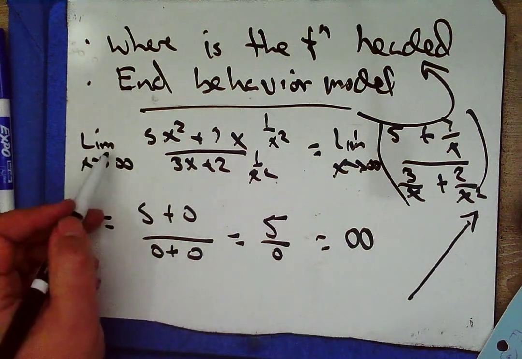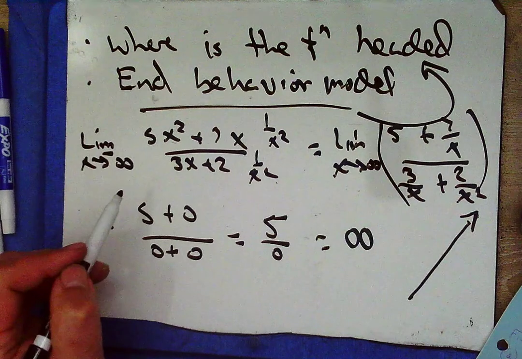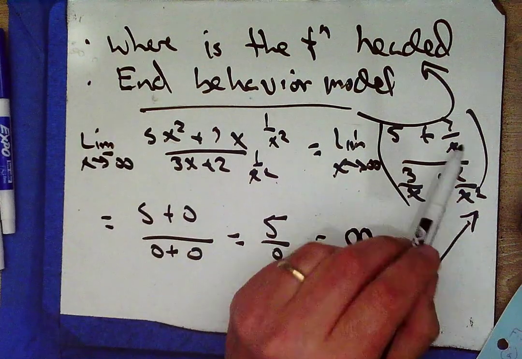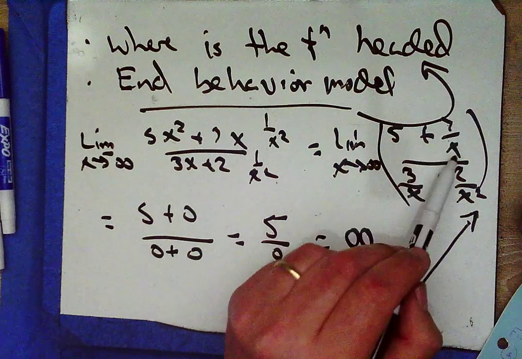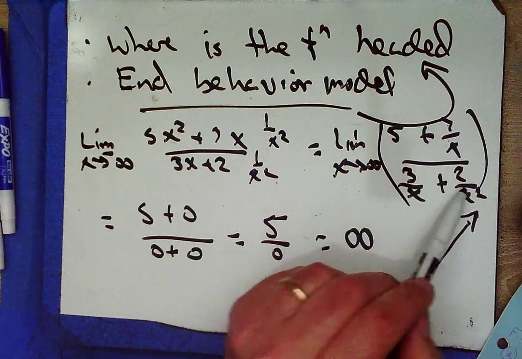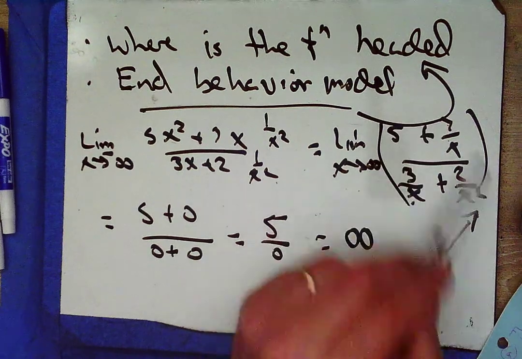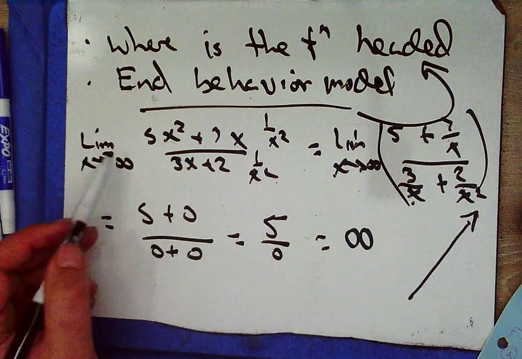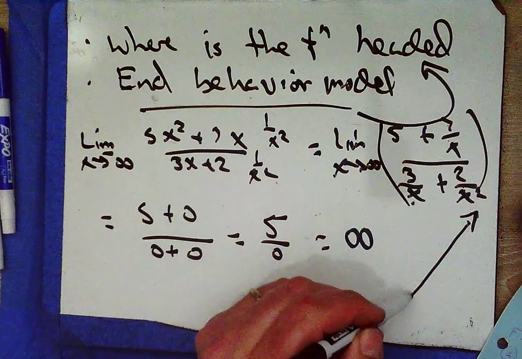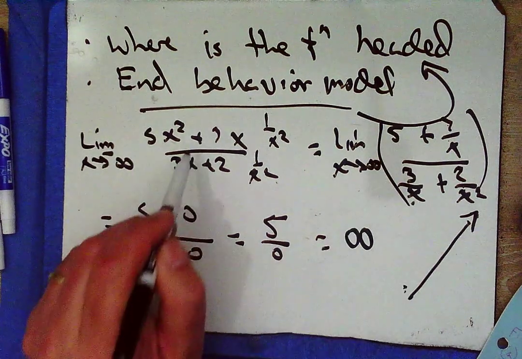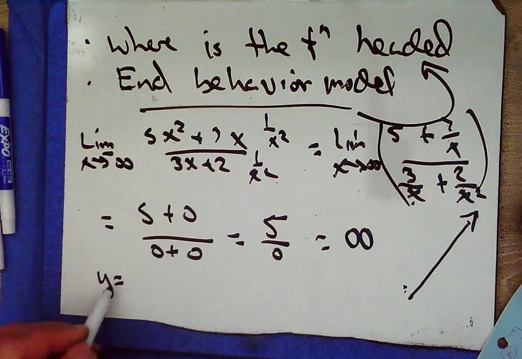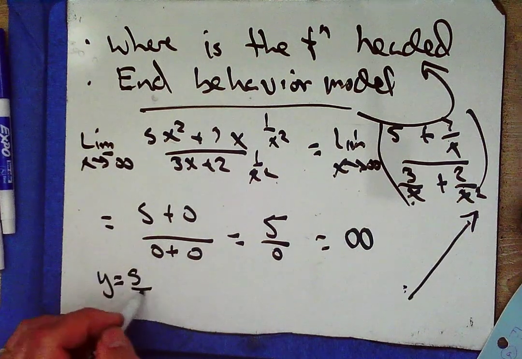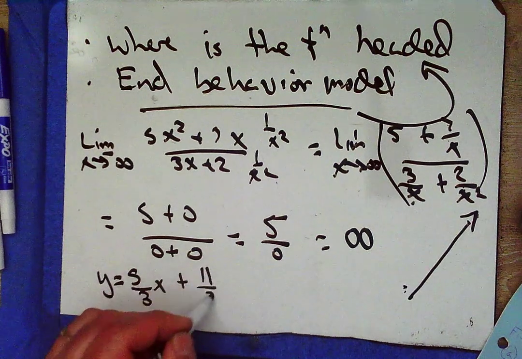As opposed to, if we put a minus here, and I plug in my negative infinities everywhere, 7 divided by negative infinity, 3 divided by negative infinity, that doesn't seem to change, does it? We still end up with this. But because I'm headed in the other direction, I know that this thing has that slant asymptote, that end behavior model of 5/3 x plus 11/9.